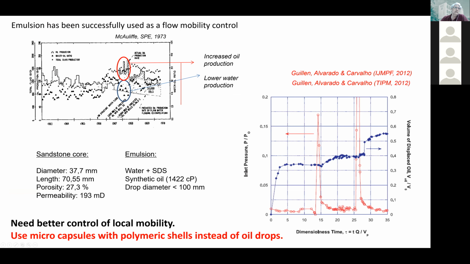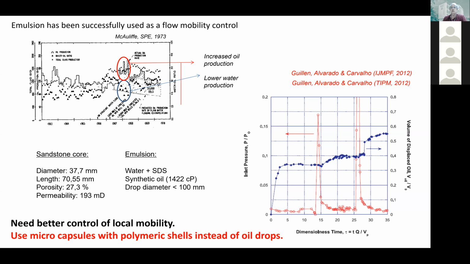In the middle of 1966, they injected into one water injection well an oil in water emulsion, so very small oil drops dispersed in water, followed by continued water injection. You can clearly see that the oil production went up, and then they went back to just injecting water. You can see now that the production is going down, but you have all this extra volume of oil that was produced.